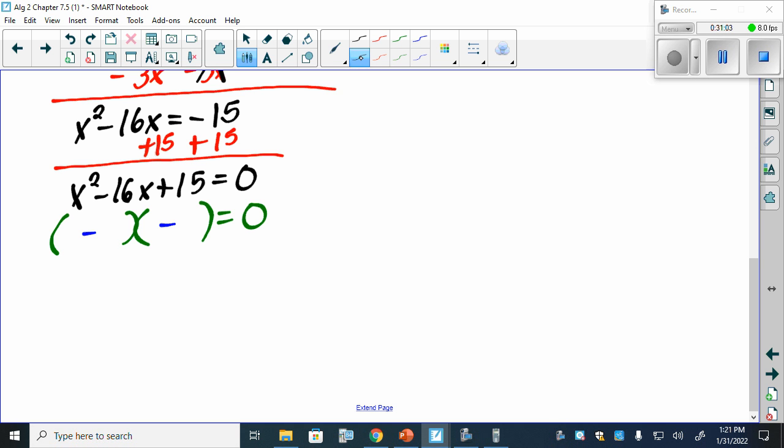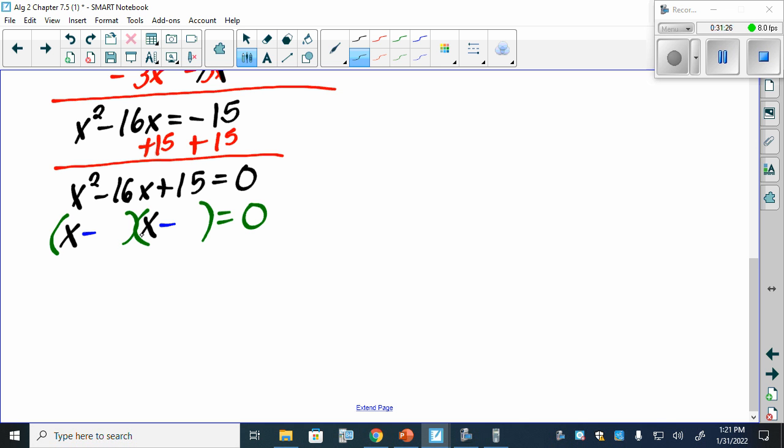Now, the factors of x squared would be x and x, because those are the only factors of x squared. Now we need to find the factors of 15 that would work for this here. Well, our factors of 15 are 1 and 15, or 3 and 5. Which one do we want to use?